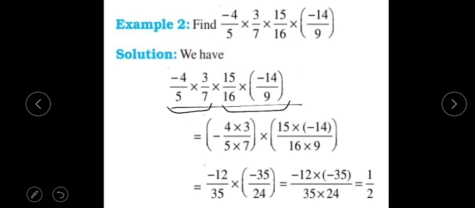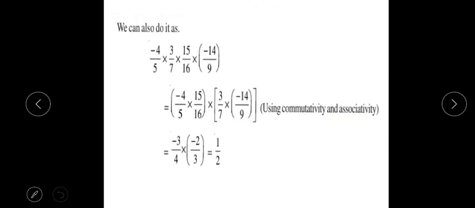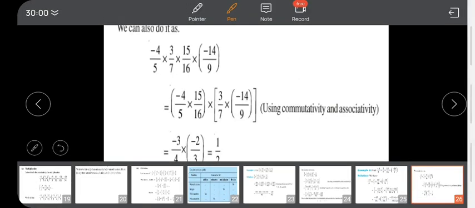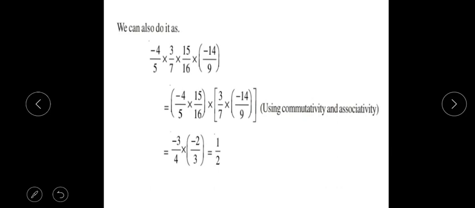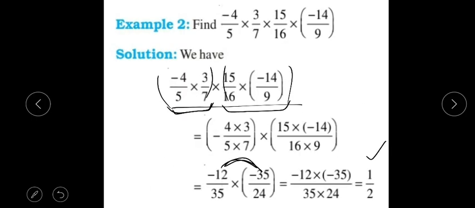It means we are multiplying these 2 numbers, and then these 2 numbers. Then again we multiply the results, and the answer is 1 upon 2. It could be done like this also. And look here, minus 14 upon 9, right?